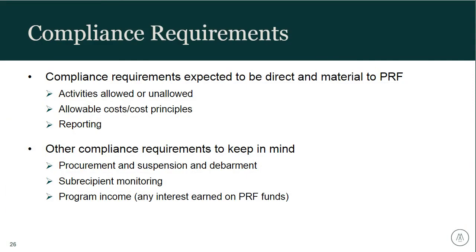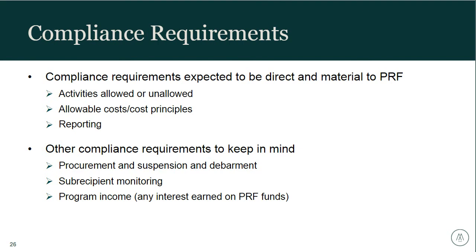All right, so compliance requirements. Again, this is subject to change until we see the addendum in writing. However, we're expecting that for purposes of auditing the Provider Relief Fund under single audit requirements, there are going to be 3 compliance requirements that are considered direct and material.